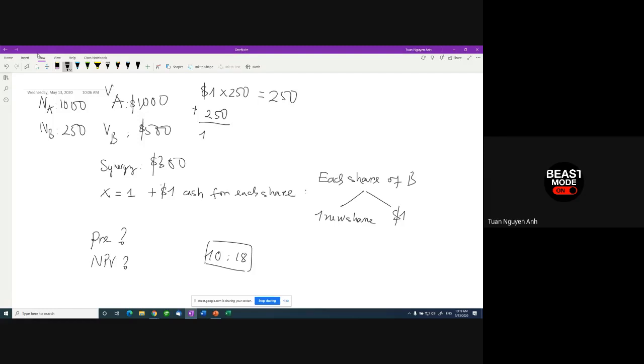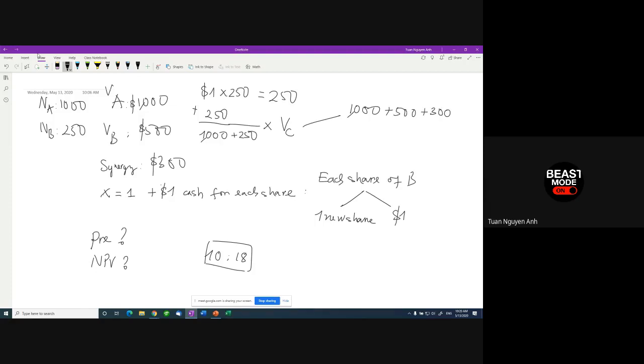The total number of shares in the new company will be equal to 1,000 plus 250, and the value they will receive as shareholders of the new company is this proportion multiplied by the value of company C. But the problem here is how much the value of company C will be. To calculate it, it is equal to A plus B plus synergy.